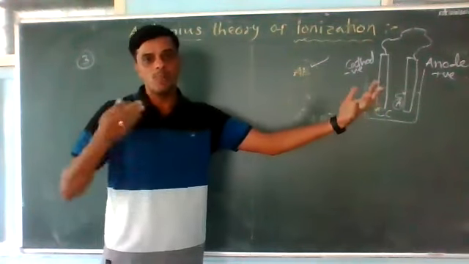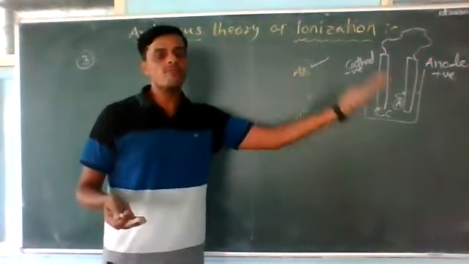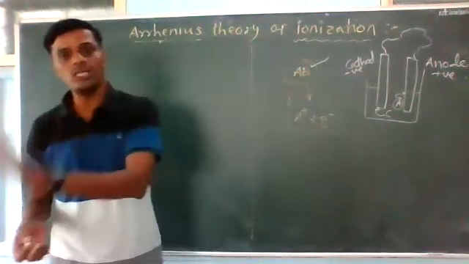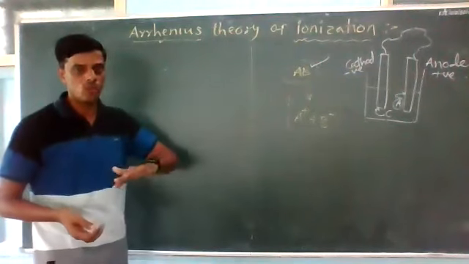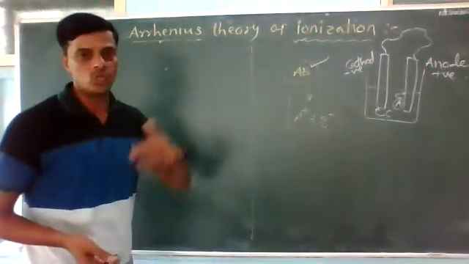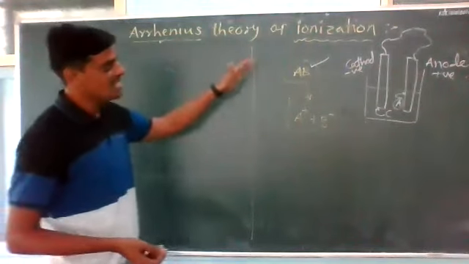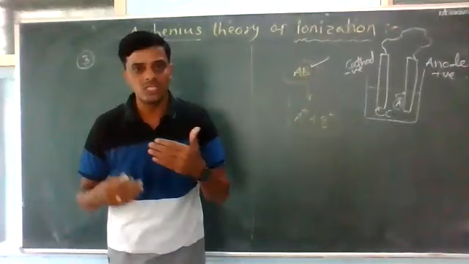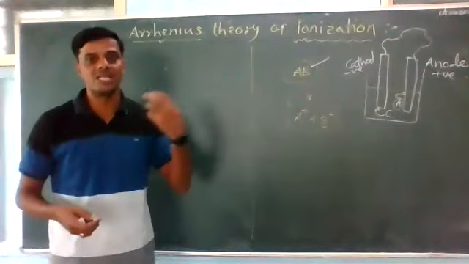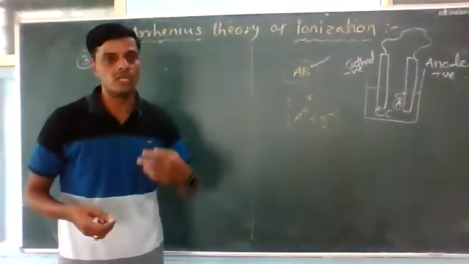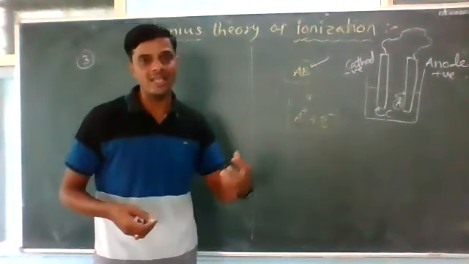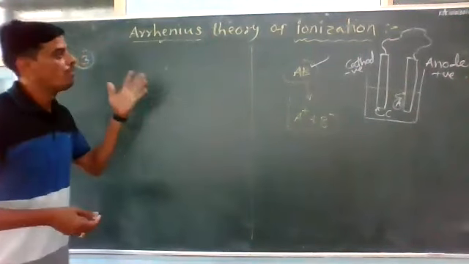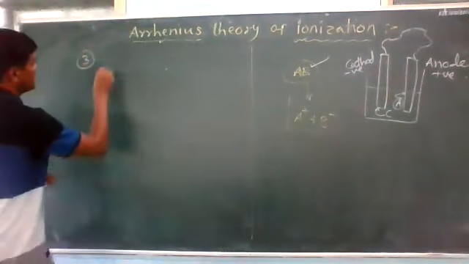Respective electrodes means positively charged ions move toward the negatively charged electrode, and negatively charged ions move towards the positively charged electrode. Cations towards cathode, anions towards anode, and as a result of the movement of these ions towards the respective electrode, the solution conducts electricity. And hence it explains the conductivity of the electrolytes as well as the phenomenon of electrolysis.